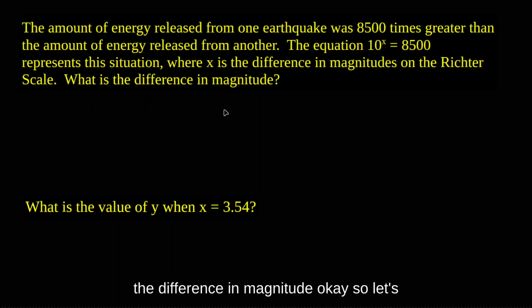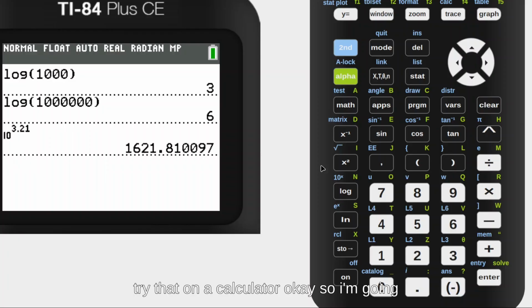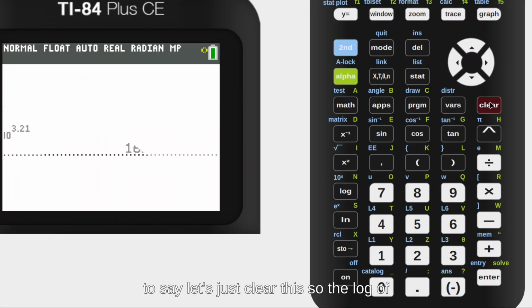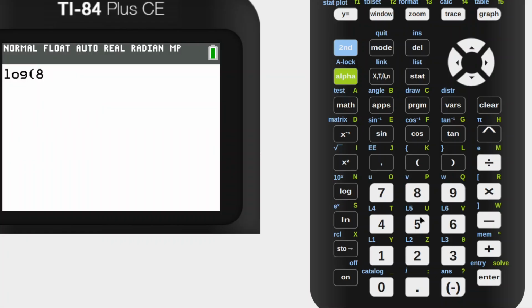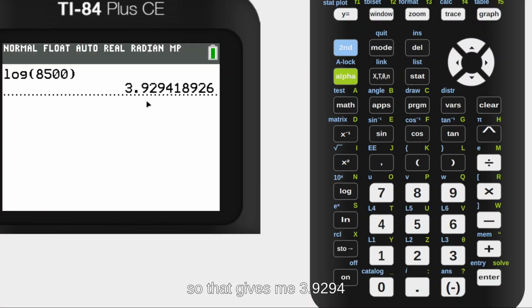So what is the difference in magnitude? Let's try that on a calculator. Let's clear this. So the log of 8,500 gives me 3.9294.